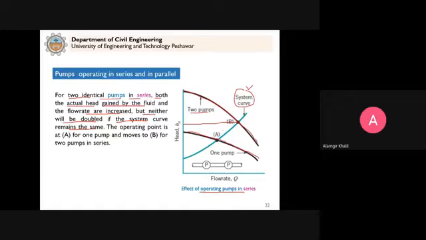If the system curve is the same, the head produced by the two pumps will not be doubled, because it should provide the head that is required by the system. So it does not necessarily mean that the pumps should provide double the head if they are connected in series. The operating point is at A for one pump, but then moves to B for two pumps in series.